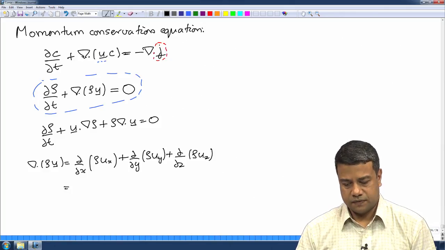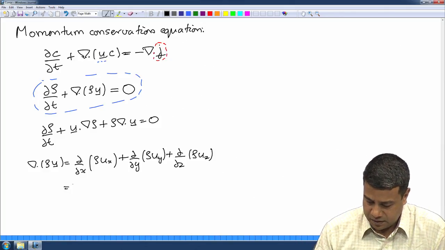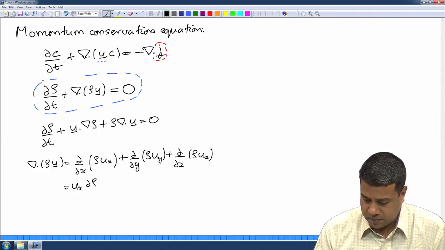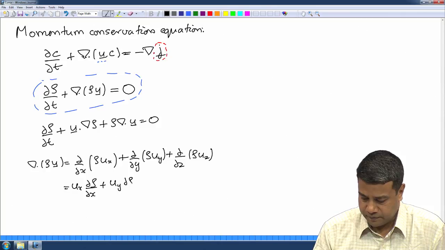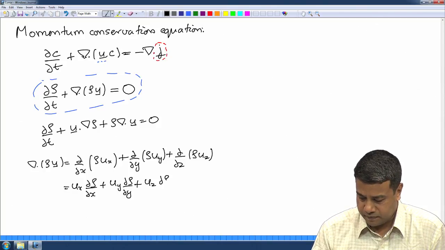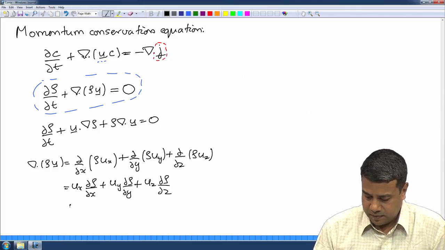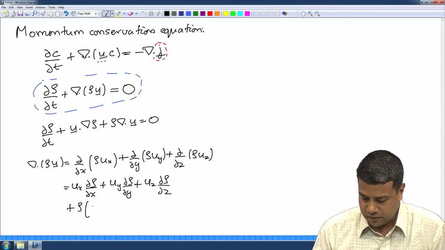So, first I will get ux partial rho by partial x, plus rho into partial ux by partial x.